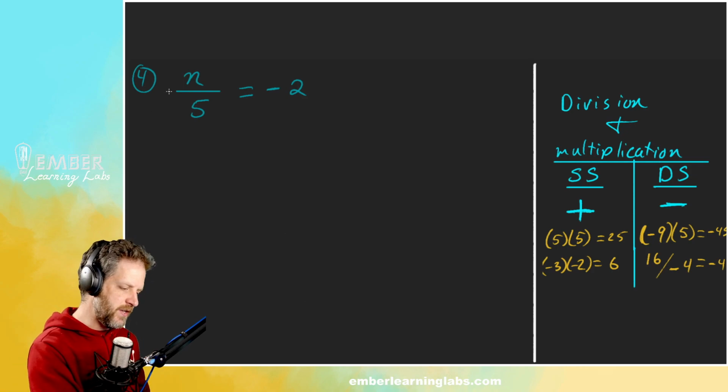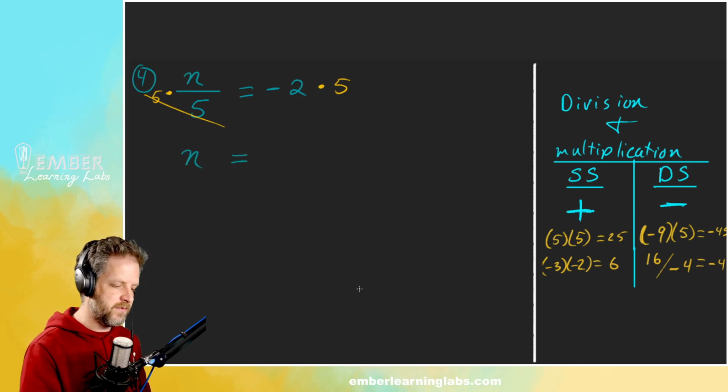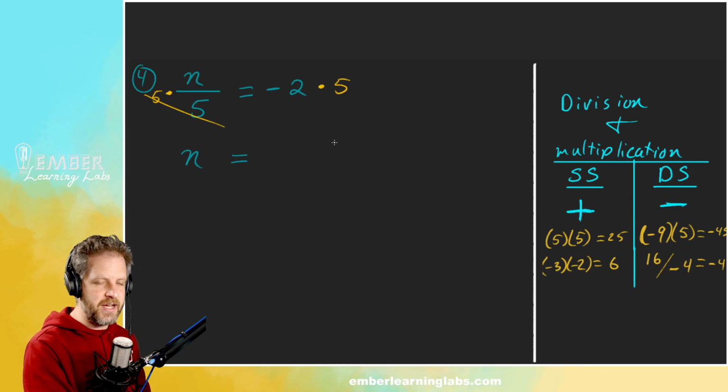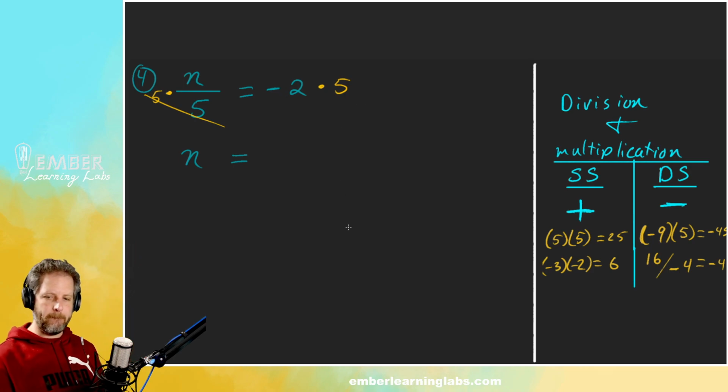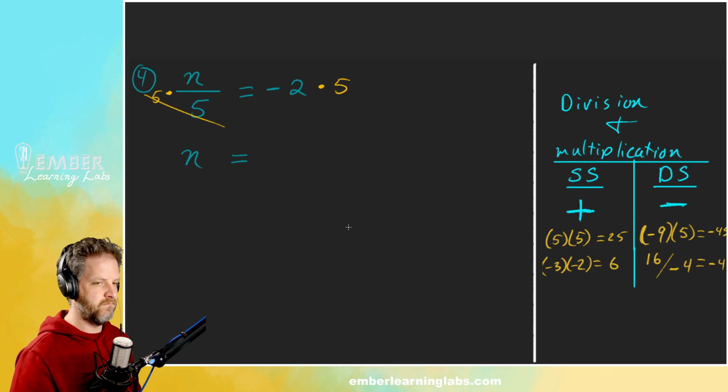Multiplication. So we're going to multiply both sides by 5. So those 5s cancel. And then we've got n left by itself. So negative 2 times 5 is what? Negative 10. That's right.